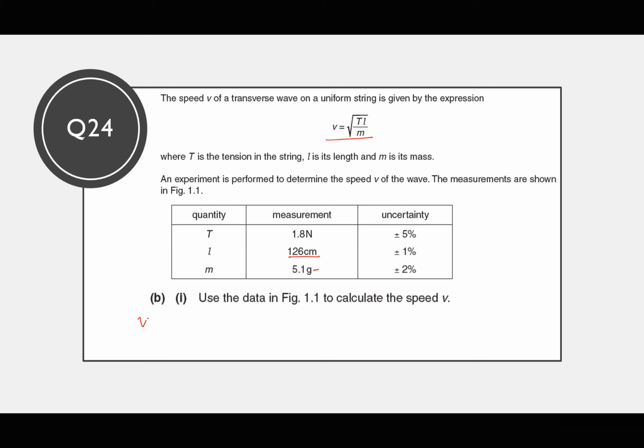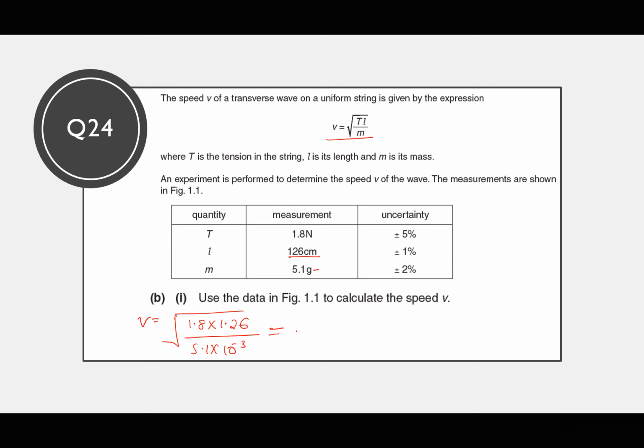So the speed is going to be equal to the square root of T in SI units, 1.8 newtons. L is in centimeters, so I will change it to meters, divide by 100, becomes times 1.26. Divide by the mass, which is in grams, so it will be 5.1 times 10 power negative 3.